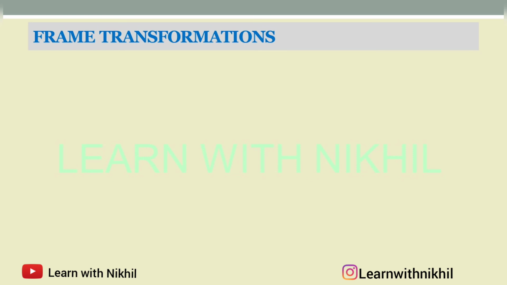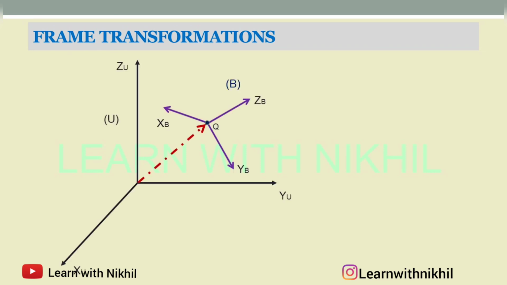So we have seen the position matrix, we have seen the rotation matrix, how it is formed. Now the combination of both is this frame transformation. So to explain this, the same example we have taken, you have the universal coordinate system, you have the body coordinate system, you have the Q point, you have this center mass Q point.